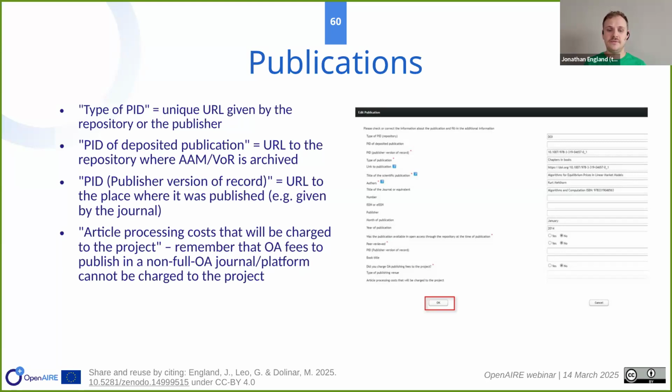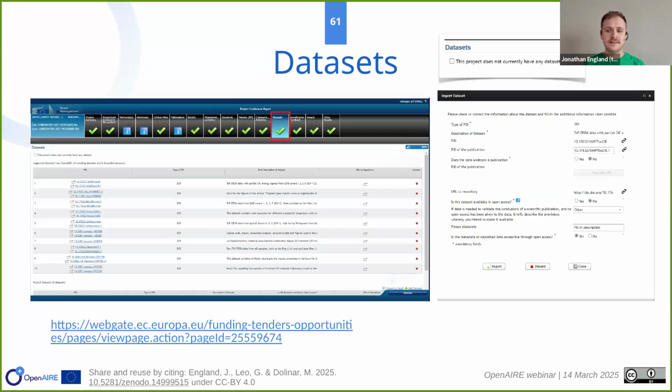Then the PID of what's called the publisher version of record, which is where it was published, on the journal's website, let's say. And then if you paid any APCs, this is for the European Commission to track how much is being spent on APCs. Datasets, exactly the same thing.